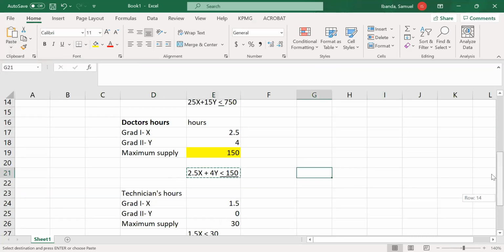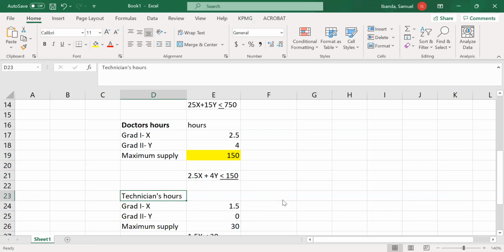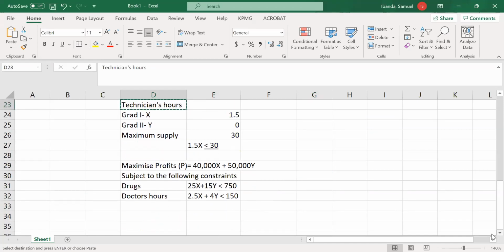And then the next one is the technician's hour. Which we have gotten as this, okay? So that is what we basically do have.